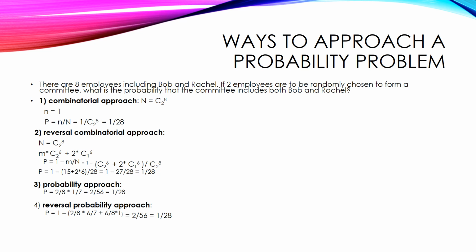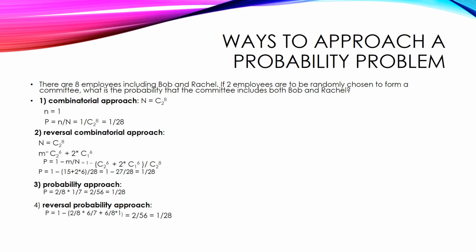The reversal combinatorial approach. Instead of counting the probability of occurrence of a certain event, sometimes it is better to calculate the probability of the opposite and then use the P is equal to 1 minus Q formula. The total number of possible committees is n is equal to 8C2.